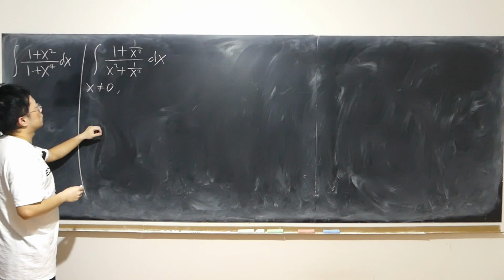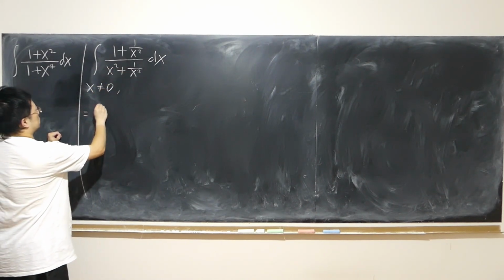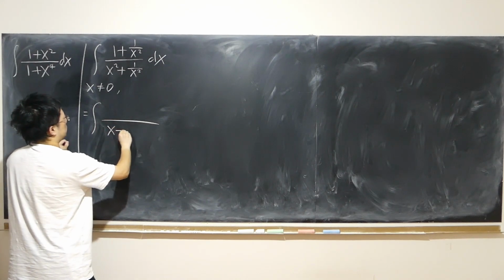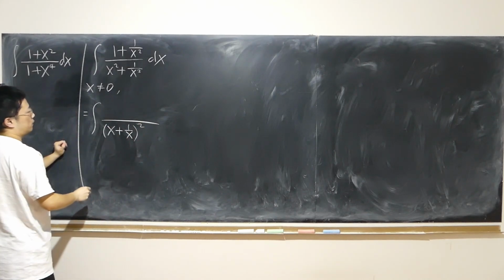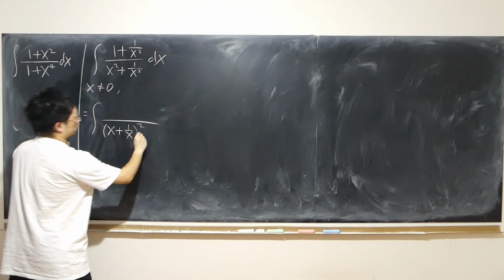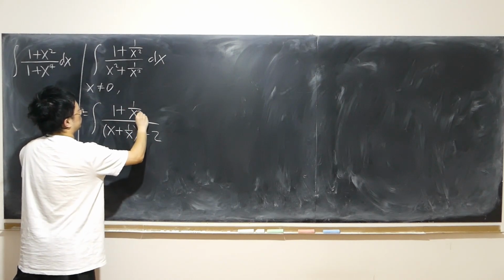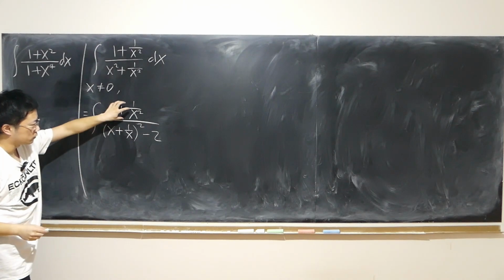First, let's complete the square on the bottom. So in this integral, x squared plus 1 over x squared, completing the square, there is a plus 2 coming out, so minus 2 here. With 1 plus 1 over x squared on top, could it be possible that this derivative gives you that?